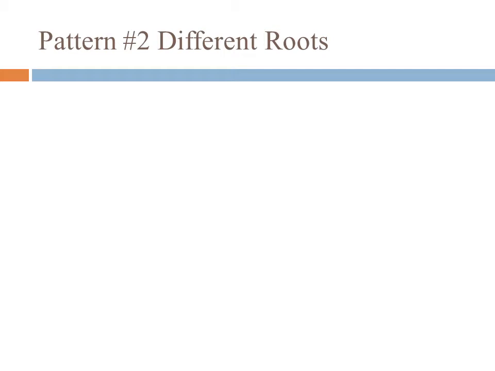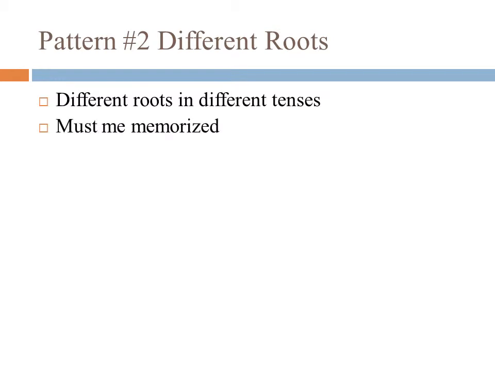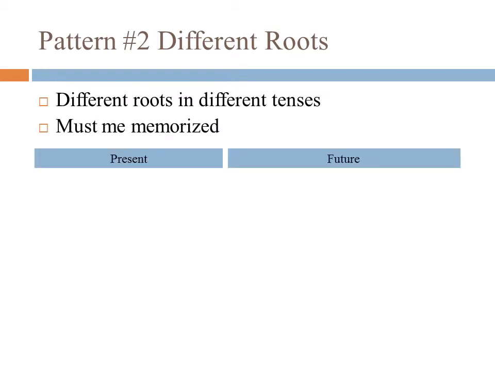So instead of go, goed, gone, we have go, went. And went is actually the past tense of wend. So what's happened is verbs have merged together. So the present comes from one root, and the past comes from a different one. The same thing happens in Greek. Different roots occur in different tenses, and they must be memorized.